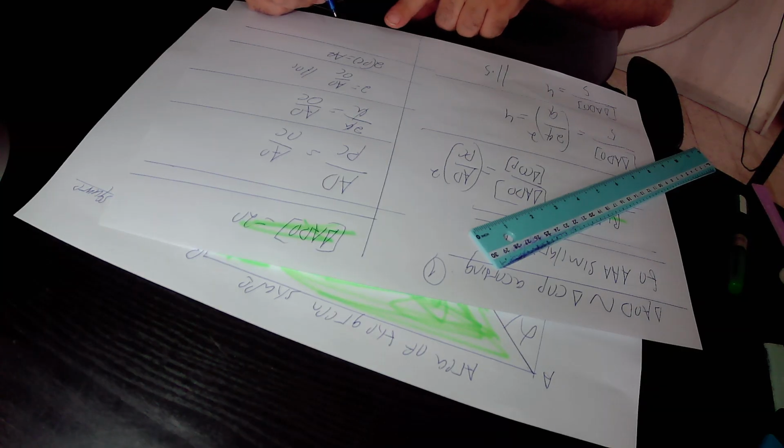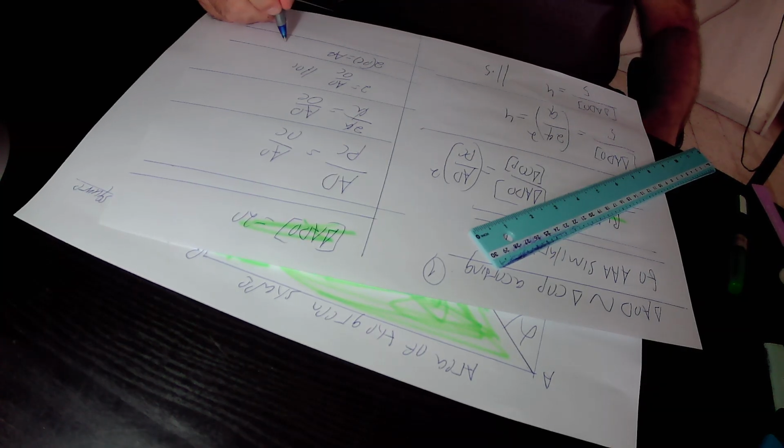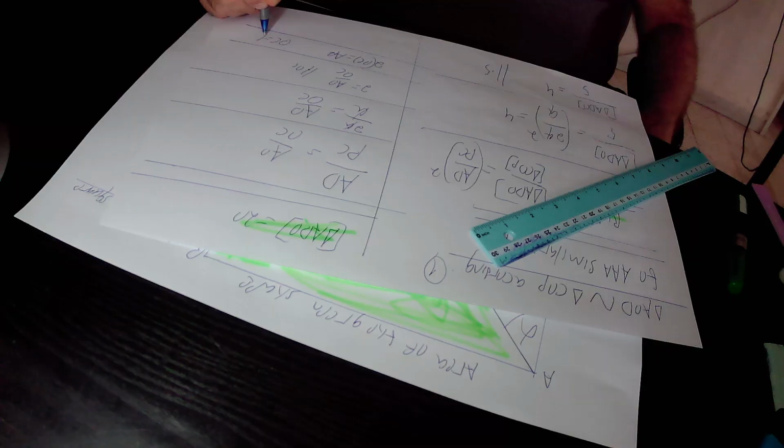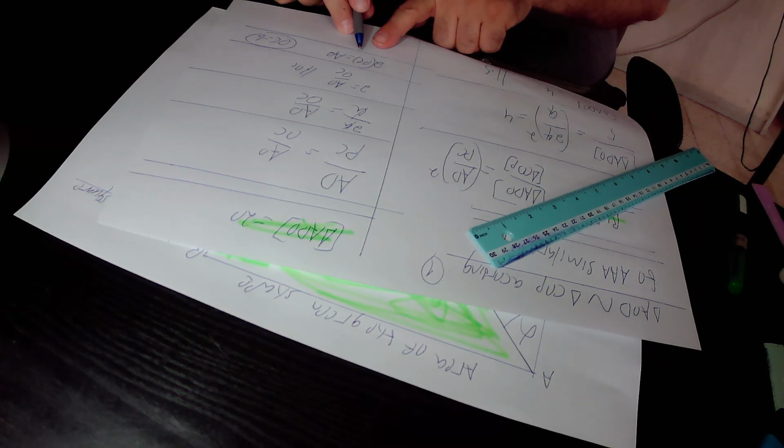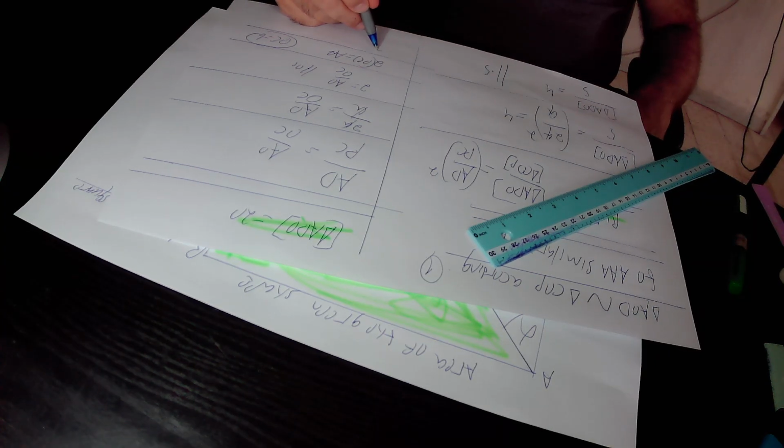We define the length of side OC as B. That is to say, OC equals B units in length according to our definition. And we substitute OC in this equation by B, and we get that 2B equals AO.